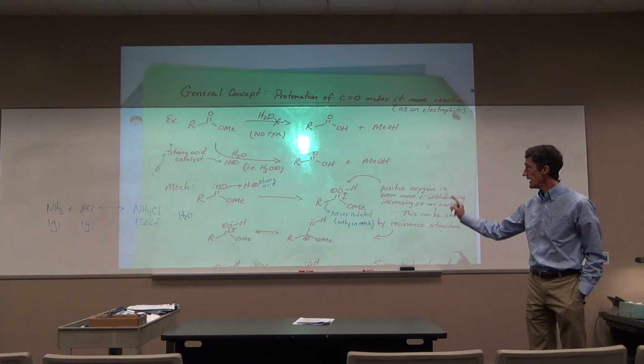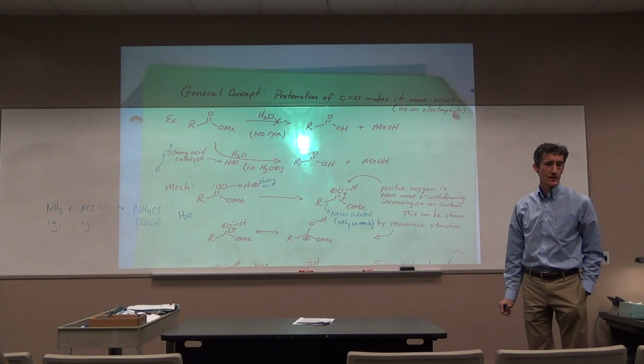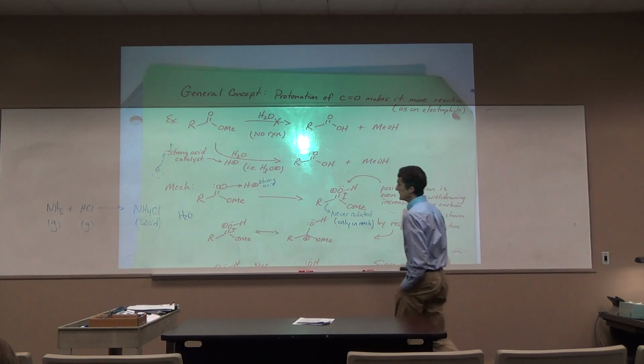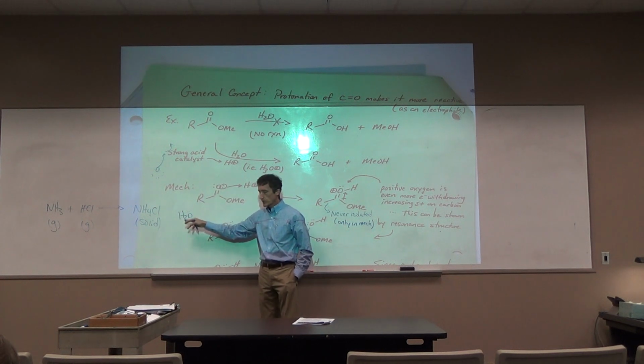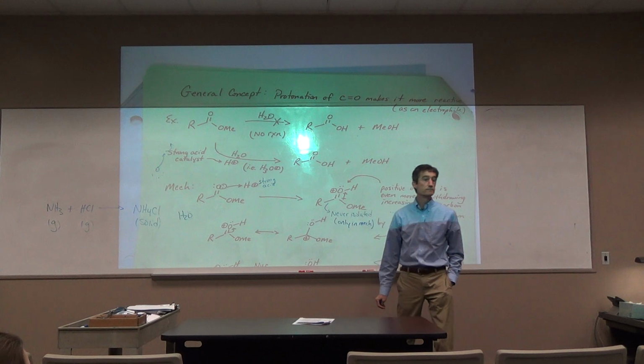What's the hybridization of oxygen in a carbonyl? sp2. Which one holds the electrons tighter? sp2. Carbonyl holds the lone pair tighter. This oxygen holds these lone pairs tighter than water. Water's a better base.